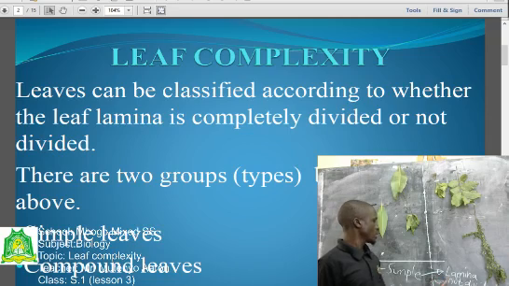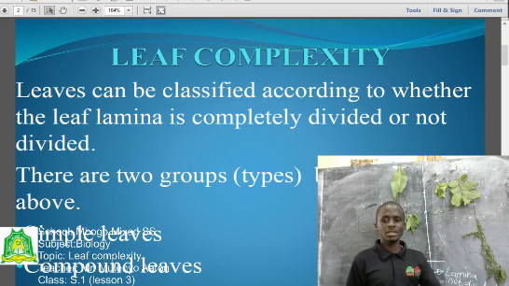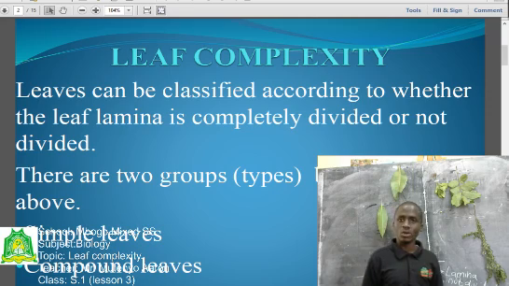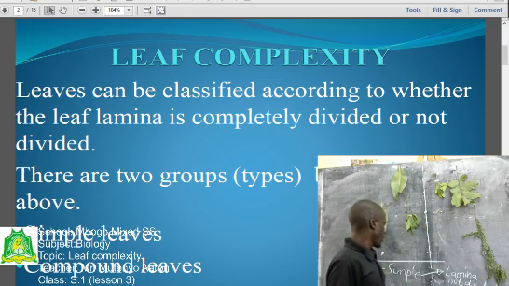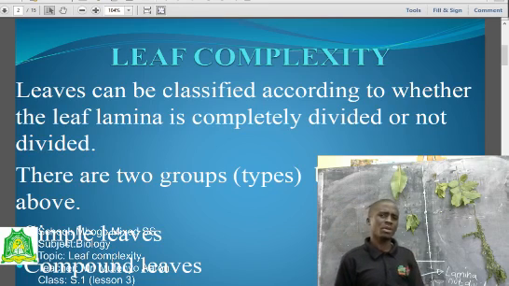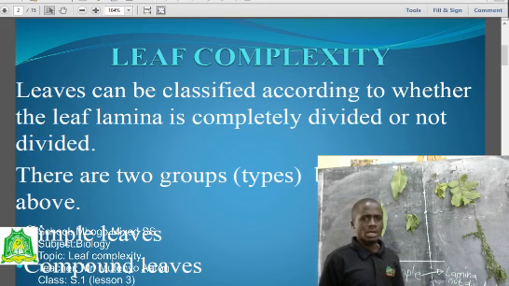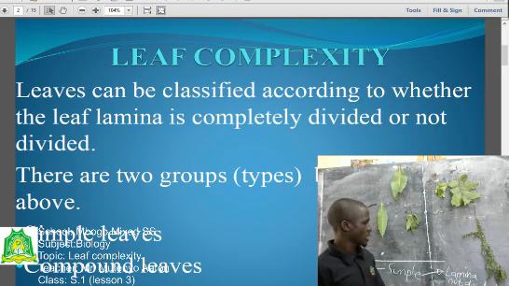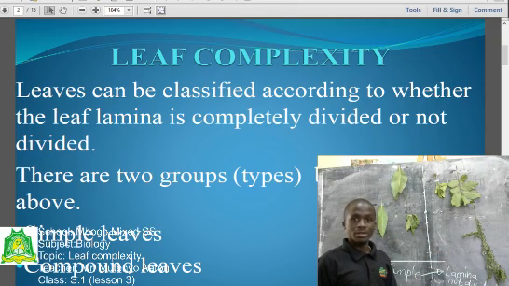So this is what we base on to say that this is a simple leaf, and this is a compound leaf. I believe in primary we did not talk about this in detail. Now tune in as I take you deeper through simple and compound leaves.